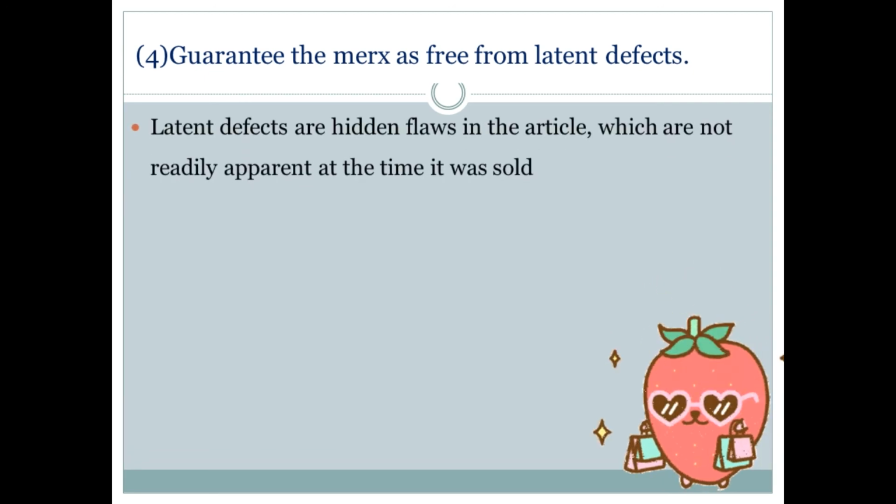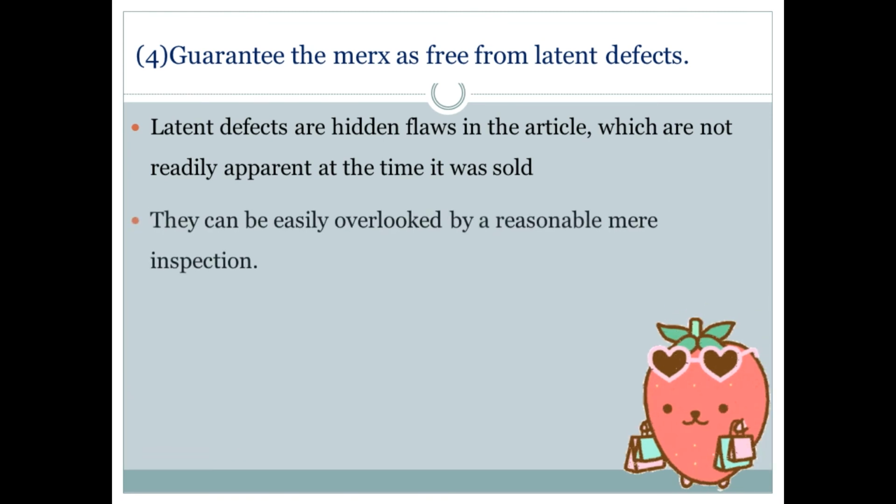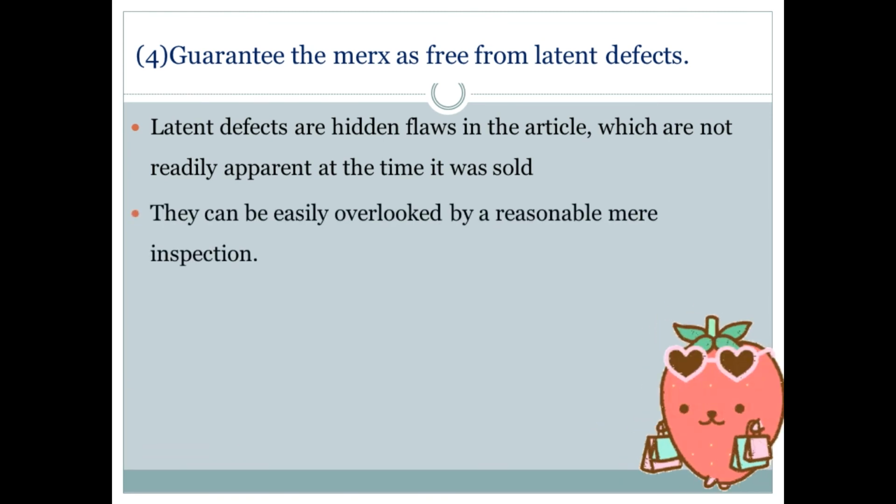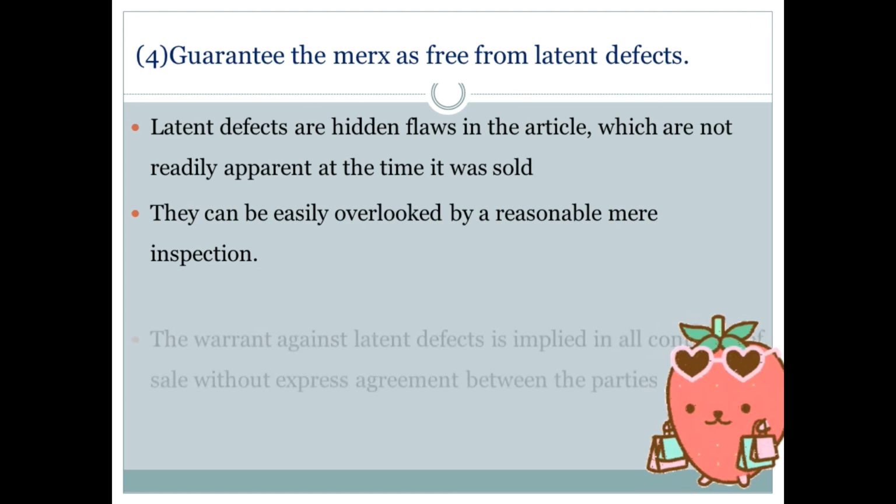The last duty is to guarantee the merx is free from latent defects. Latent defects are hidden flaws in the article which are not readily apparent at the time of sale. They can be easily overlooked by a reasonable inspection of the product being sold.